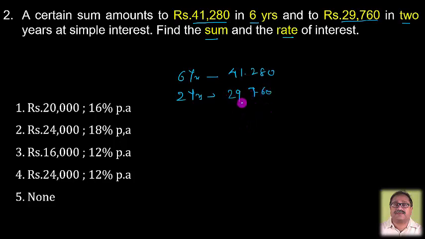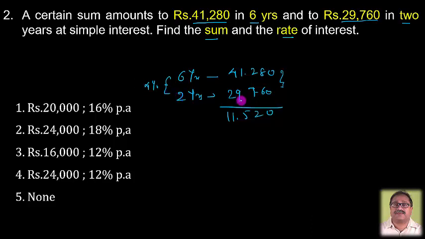Okay. Now find out the sum. What I do is I will take the difference between these two, which is 4 years, and the difference between these two amounts will be 4 years interest. So what is the difference between these two? I can see that this is 11,520. So this is the interest for how many years? 4 years.